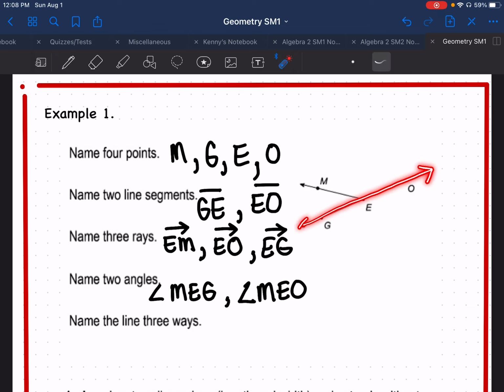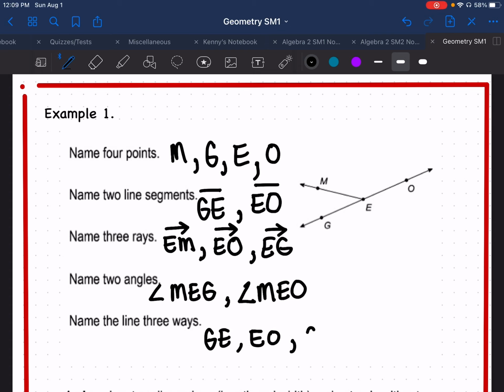Well, we did that with A, B, and C. Remember that you only need two of these 3 points to name the line, and you can use them in any order. So G, E, E, O, and G, O would be my 3 names. I do have to come in here and put the symbol because without the symbol, they are not technically lines. There we go.